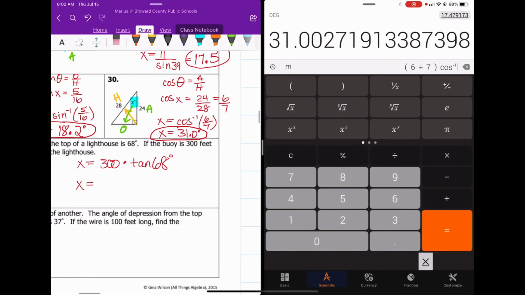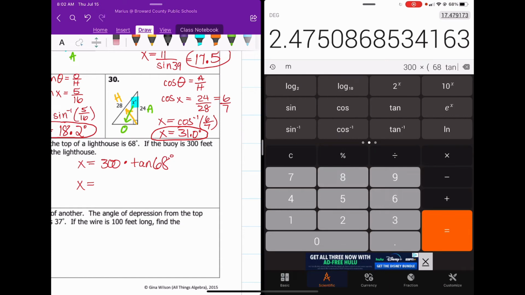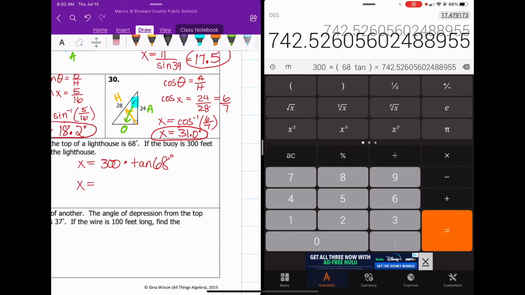We're going to do 300 times parentheses 68 tangent, close parentheses, hit enter. We need to round it to the nearest tenth. So the height of the lighthouse is 742.5 feet. Final answer.